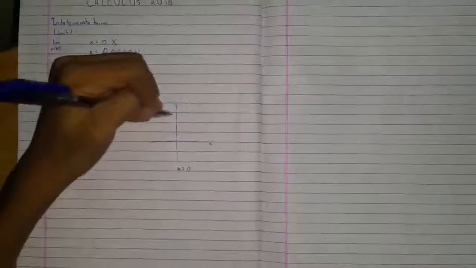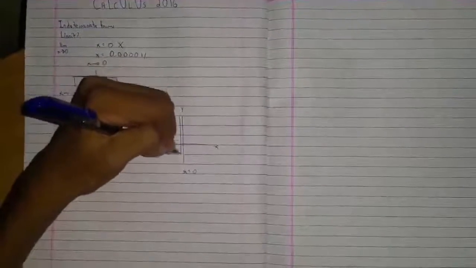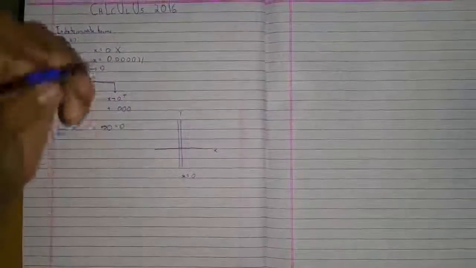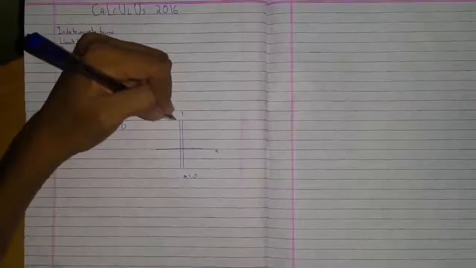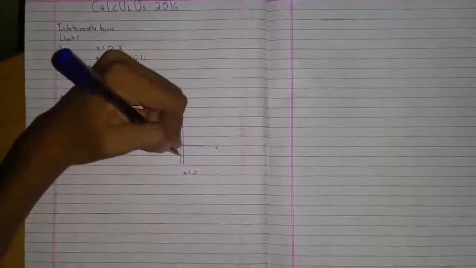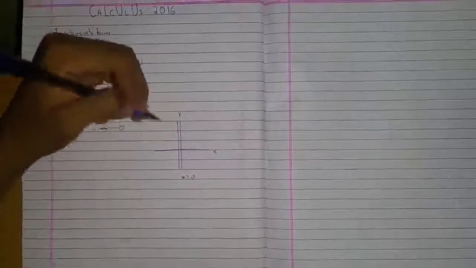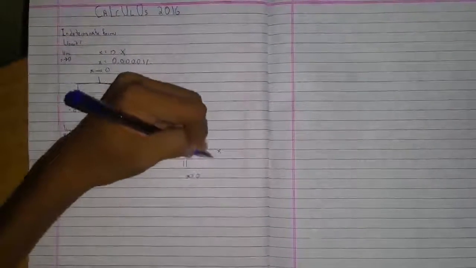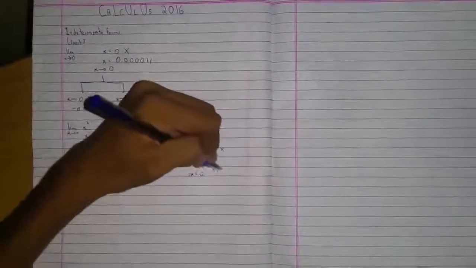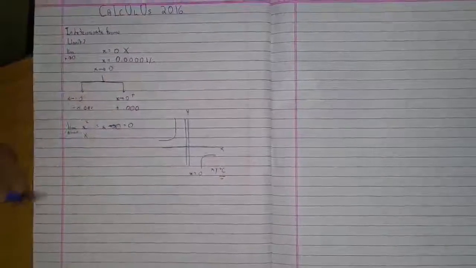But no, this actually is a very thin line parallel to the y-axis. Now the thing to wonder is that this line is parallel to the y-axis, and this is an asymptote of an imaginary rectangular hyperbola whose equation xy equals c is not known to us.